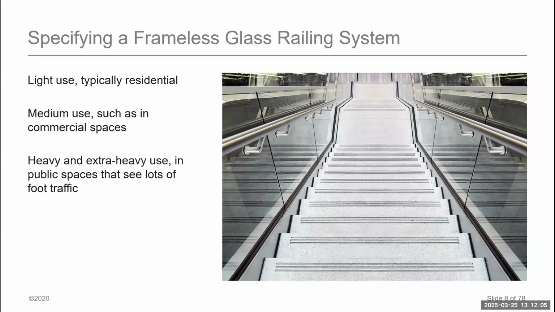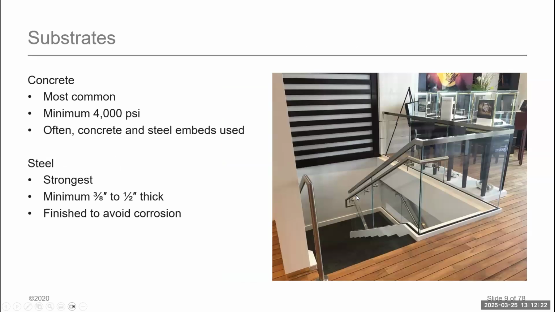And when we're talking about heavy load requirements, we're referring to guardrails that may be in hurricane areas where they have to resist design pressures anywhere over 200 pounds. And we'll talk a little bit about more specifics as we move throughout here.